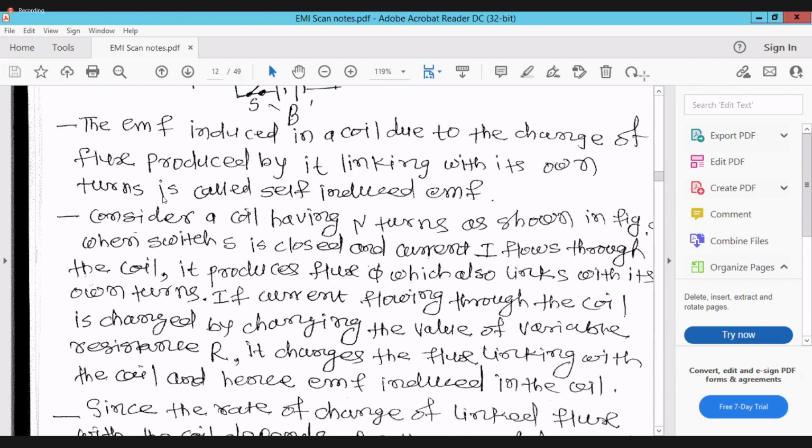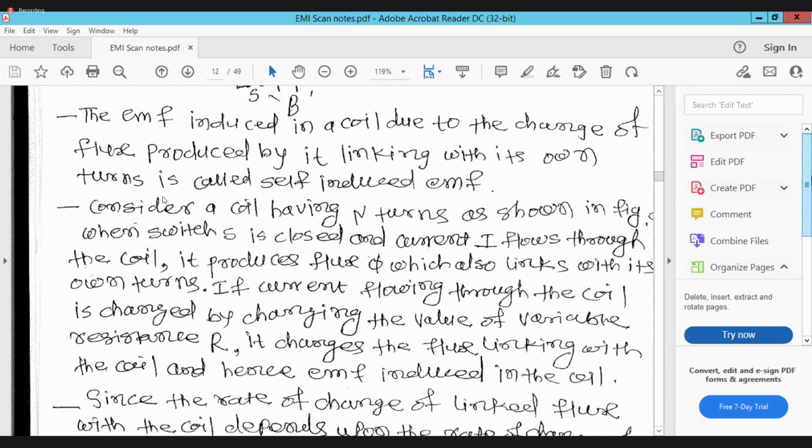This is the explanation of the diagram. Consider a coil having n turns as shown in the figure. When switch S is closed and current I flows through the coil, it produces the flux phi, which also links with its own turns. If the current flowing through the coil is changed by changing the value of variable resistance R, it changes the flux linking with the coil, and hence an EMF is induced in the coil.